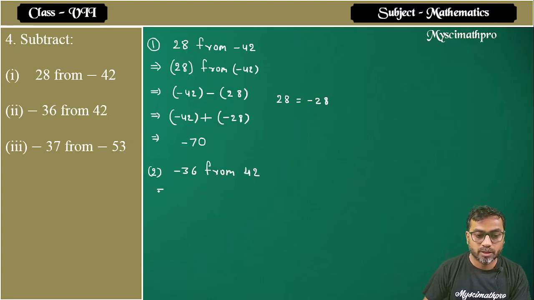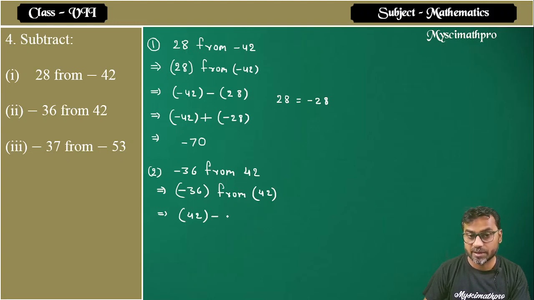According to the method, we write minus 36 in brackets, we write from, and 42 also in brackets. According to the method, first we write 42, put the minus sign because we are subtracting, and then we write minus 36.